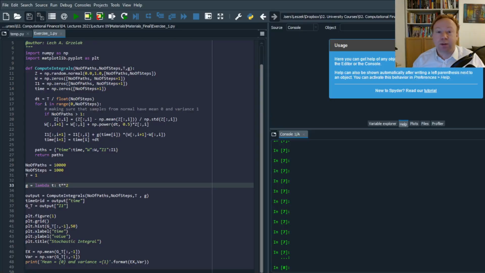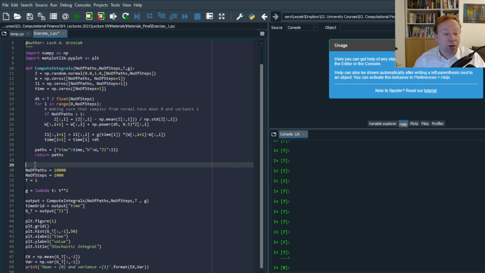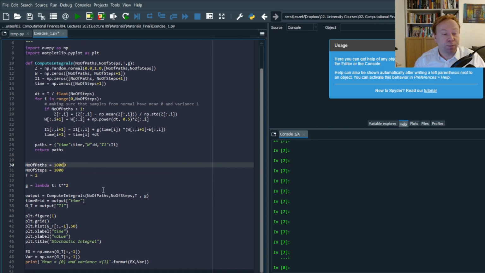So here we have two blocks. Here is the block where we specify the configuration. We have the number of paths, the number of paths for Brownian motion, and the number of steps, which is the discretization.